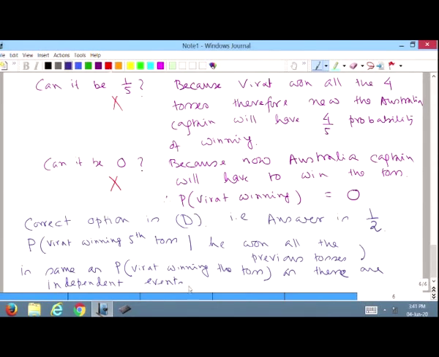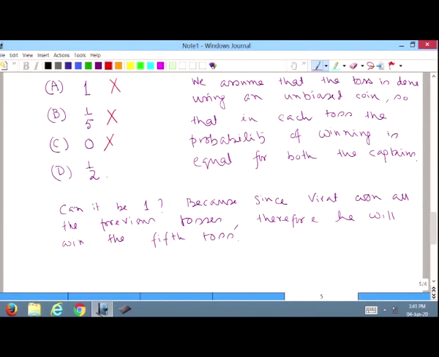Therefore, the correct answer is half. Therefore, the student should take D.